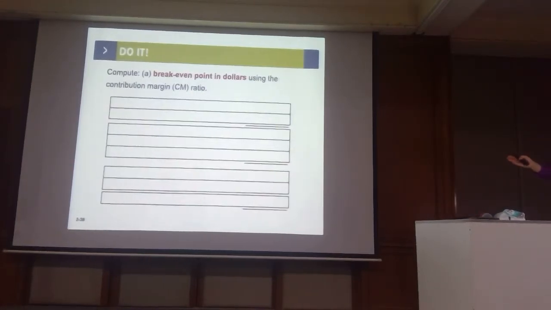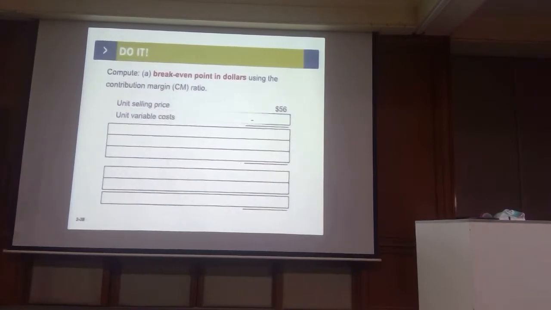Better do it with you guys. Let's see the first one, the break-even point in dollars. If you want to use the contribution margin ratio, we need to find the contribution margin ratio first, right? The selling price per unit equals 56 and the variable cost per unit equals 42.